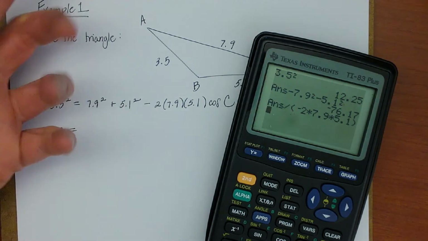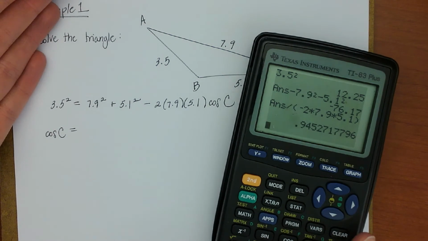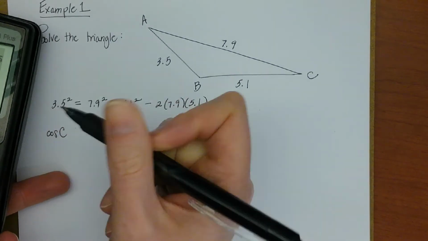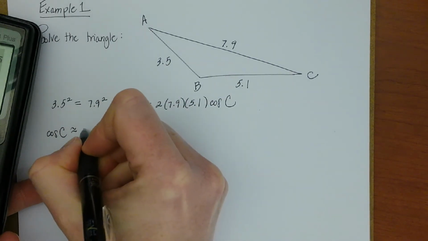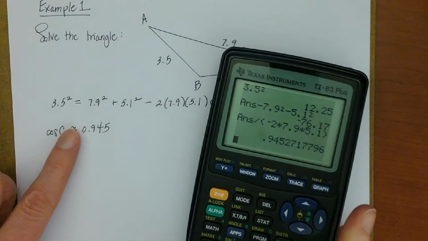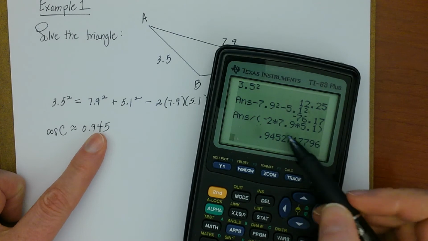There we go. You also could have done some algebra solving on the paper to get to here, but you can see I've got cosine of C approximately equal to 0.945.